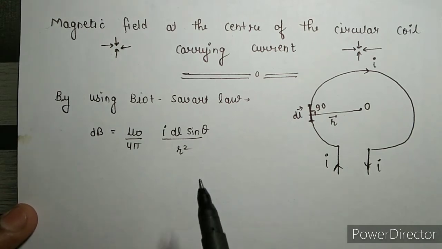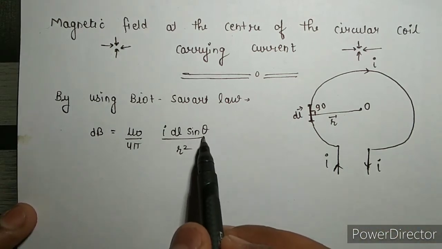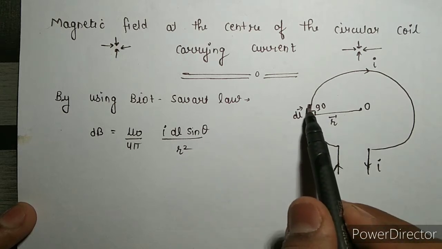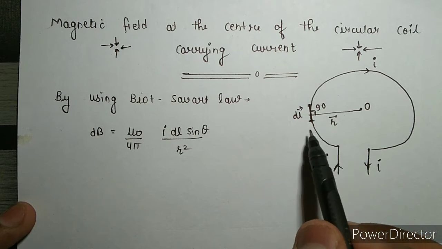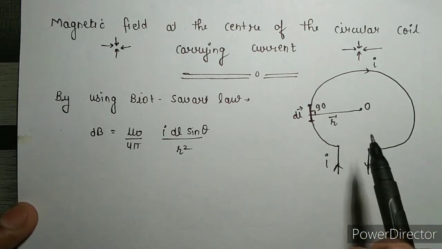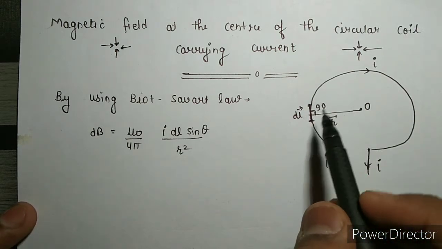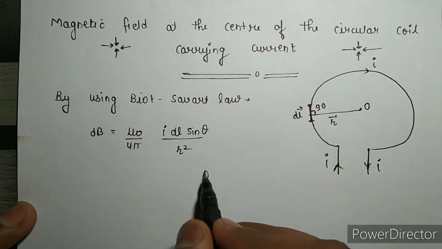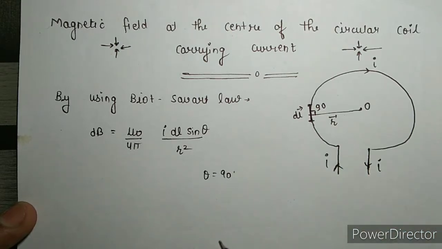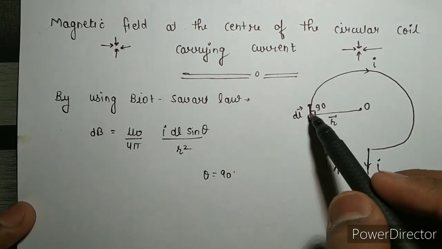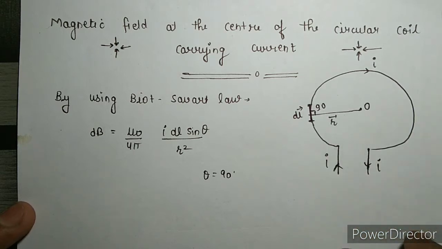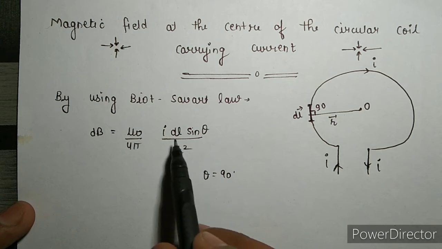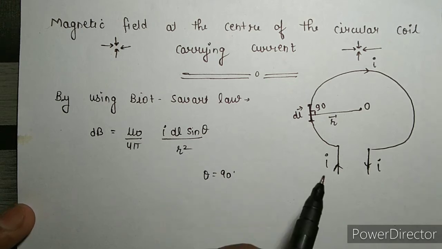Now where theta is the angle between the current element and the radius vector, but in this particular situation the angle theta is equal to 90 degree, because we know that the tangent and the radius vector make 90 degree to each other. That's why theta in this situation will be 90 degree.